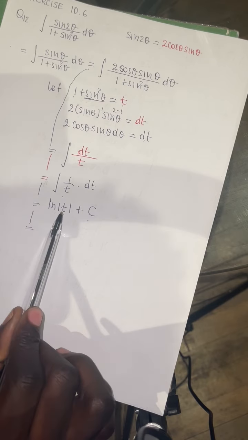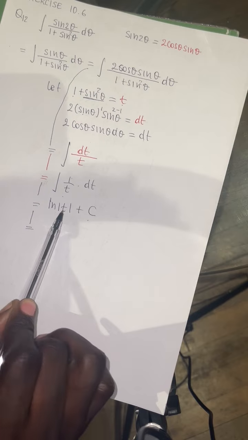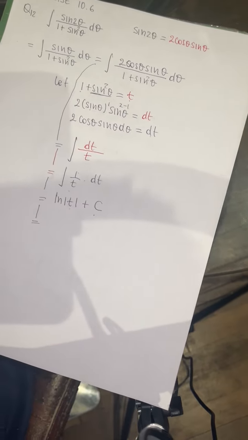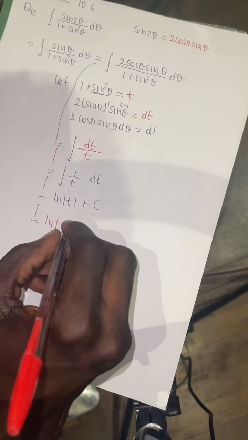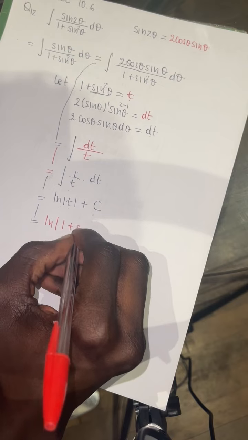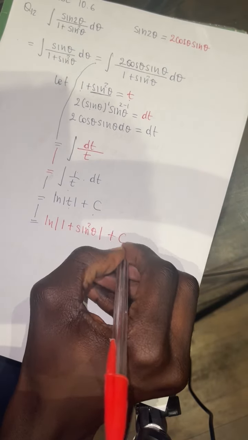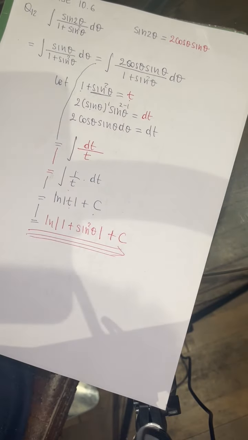So you have to put it in terms of theta. What was t in terms of theta? It's 1 plus sine squared theta. So the final answer is ln, you open your bracket, 1 plus sine squared theta, and you close your bracket, plus c. This is your final answer to this one.